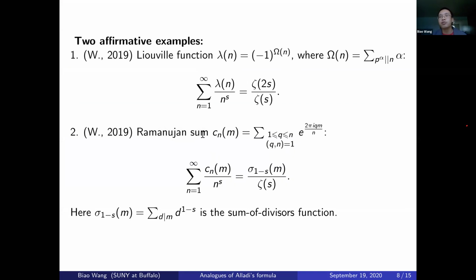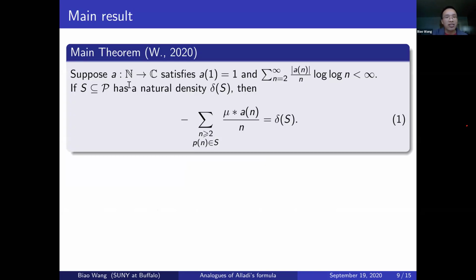I guess it should be equivalent to the formula for the Ramanujan sum. But I didn't do it because at that point I was thinking about the general arithmetic functions. So it looks like it's very hard.